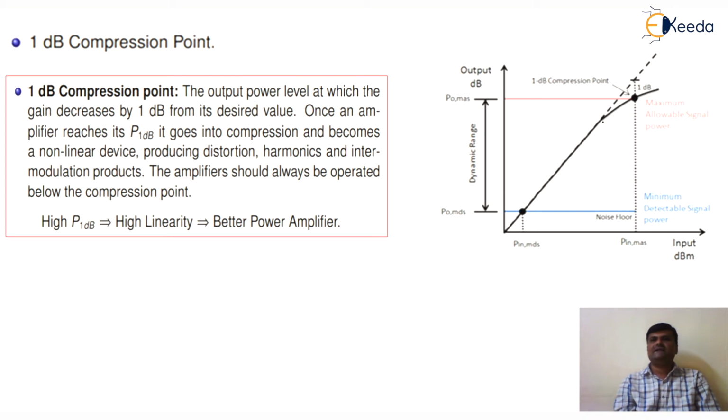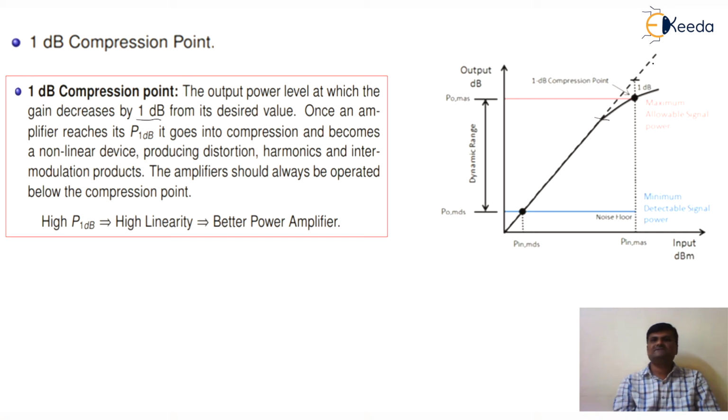The linear and non-linear graphs follow the same path up to a certain point, after which they deviate from each other. That deviation is represented by the 1 dB compression point. It is the output power level at which the gain decreases by 1 dB from its desired value.